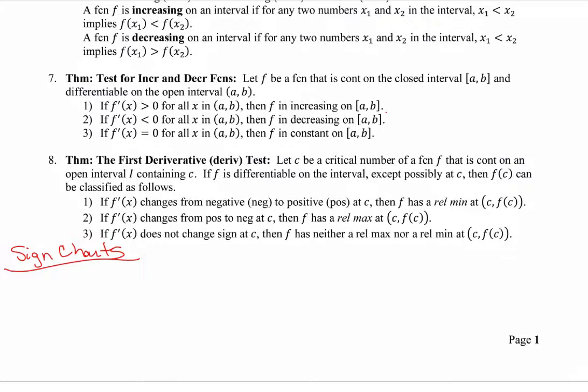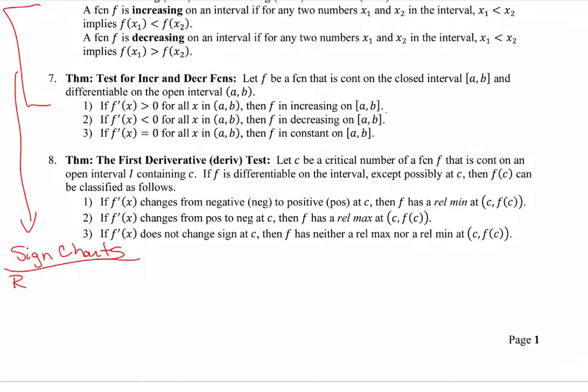That's the first derivative test. I'm going to show you increasing, decreasing, relative max, relative min, and then saddle points. This is putting together 6 and 7, and I'm showing you down here how to do 6 and 7.